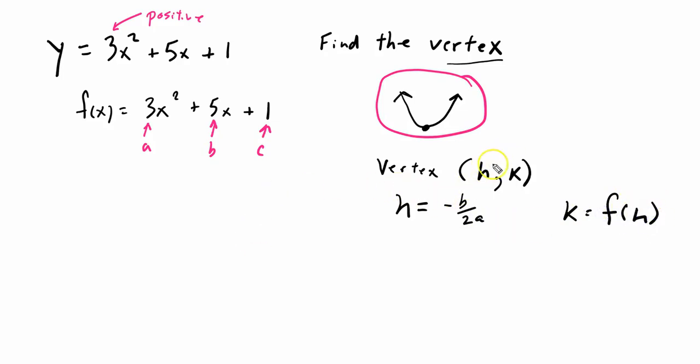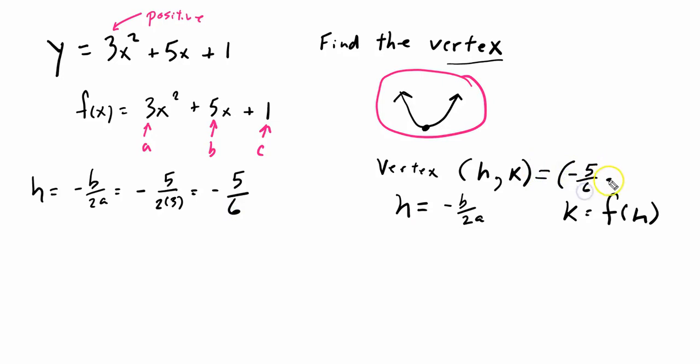Okay, so let's get this x-coordinate first. So that's going to be minus 5 over 2 times 3. And so that's going to be minus 5/6. So that's going to be my x-coordinate of the vertex.